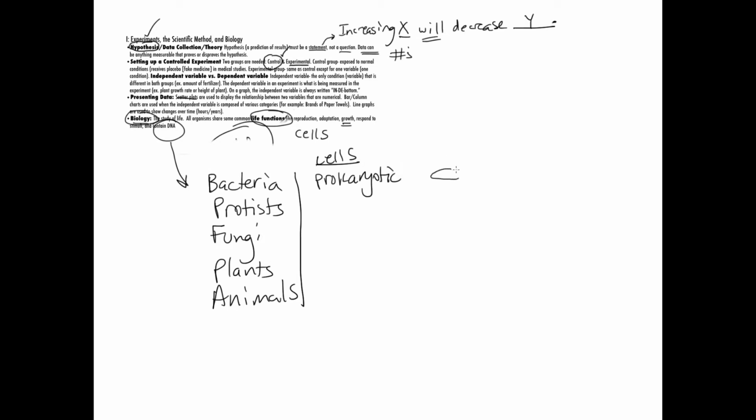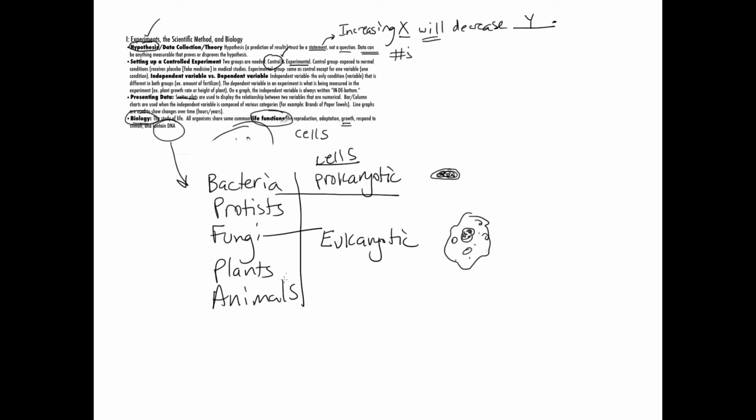So if we were to draw a prokaryotic cell, it would just be a bunch of DNA inside this little shell. They're the only prokaryotic ones. Everyone here is eukaryotic, and that means these guys have cells that have a membrane-enclosed nucleus like that, and they have a bunch of organelles that have different little jobs.